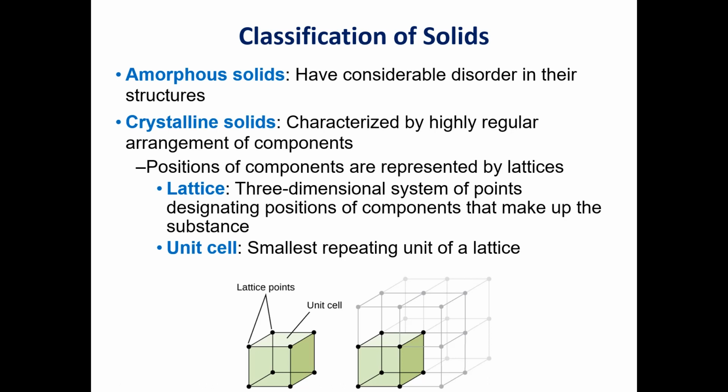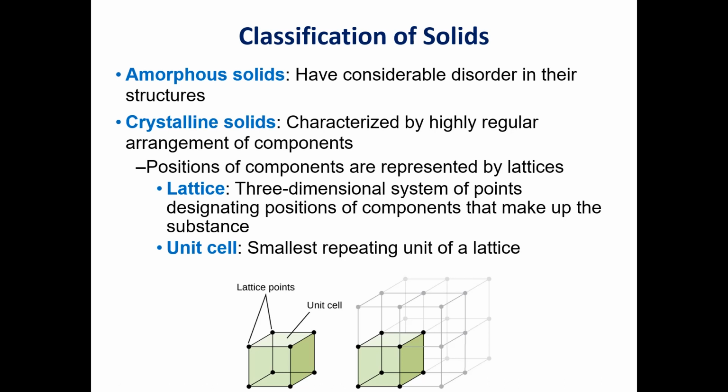The lattice is the three-dimensional system of the components that make up the substance. But within that lattice, we have a unit cell, and the unit cell is the smallest repeating unit of that lattice.